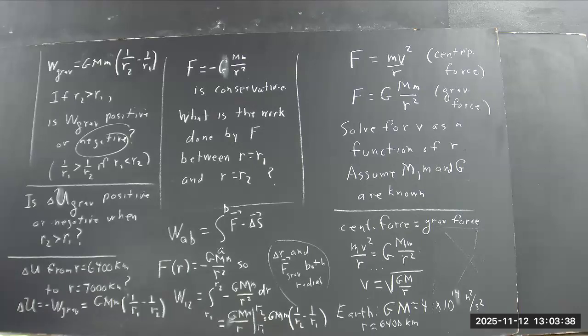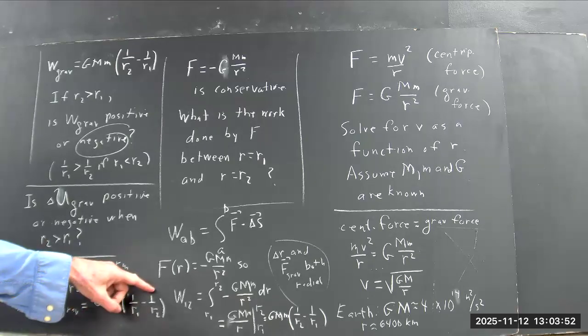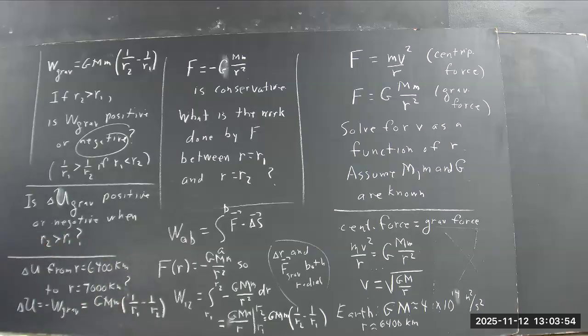Well, it's going to be positive because 1 over R1 is bigger than 1 over R2. This is R1, this is R2. But R2 is bigger than R1. This fraction is going to be smaller than this fraction.